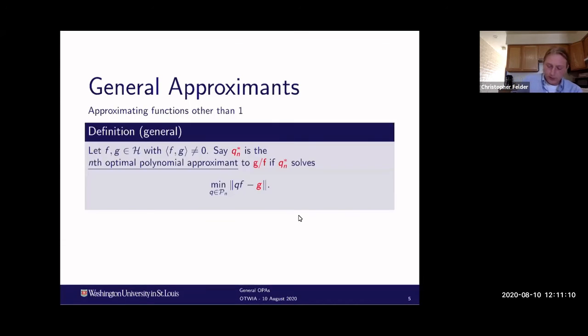And so the corresponding definition, of course, is that we're going to grab two functions, f and g, and we just want them not to be orthogonal. And we say that qn star is the nth optimal approximant to g over f if qn star solves this same minimization problem. Okay, and I'm using qn star here just to denote that g is not necessarily 1.